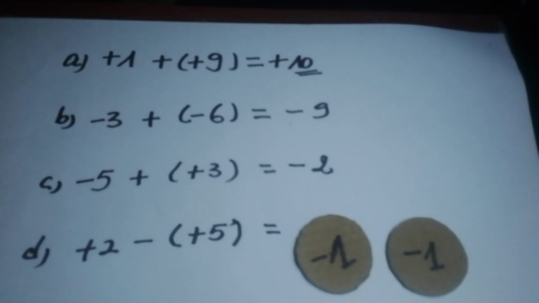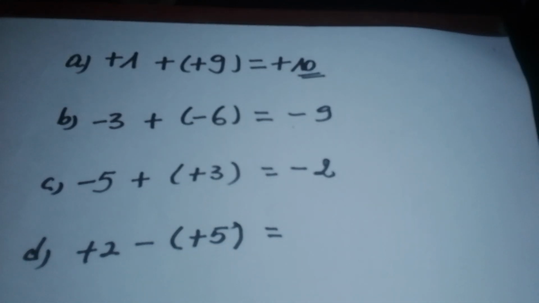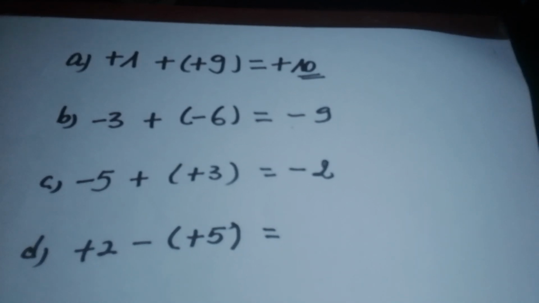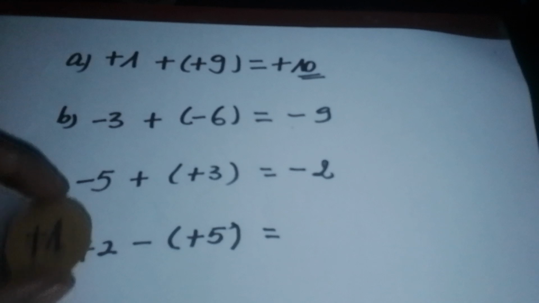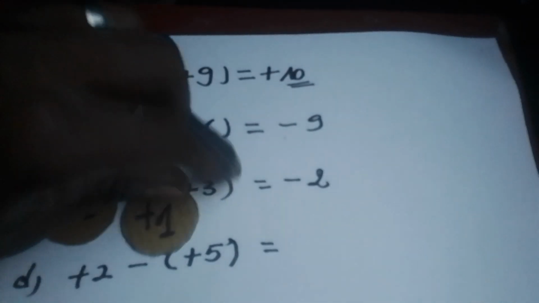Then, let us go to question number D. We have positive 2 minus positive 5. To do this, first I have to put positive 2 counters.